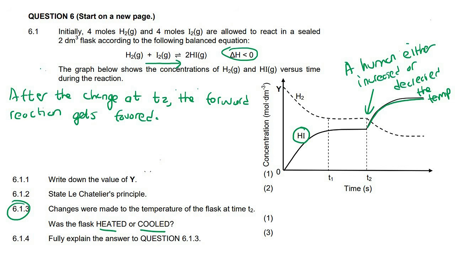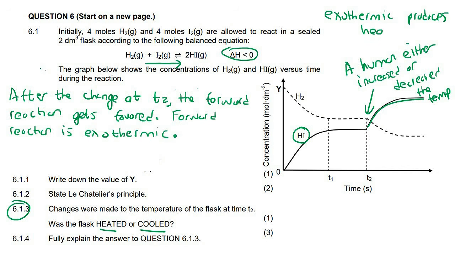Okay, so let's write that down. The forward reaction is exothermic. Now you need to remember that exothermic produces heat. So you have to ask yourself, why was the system trying to produce heat in this area? Well, that would only be if this human being over here cooled the flask down.